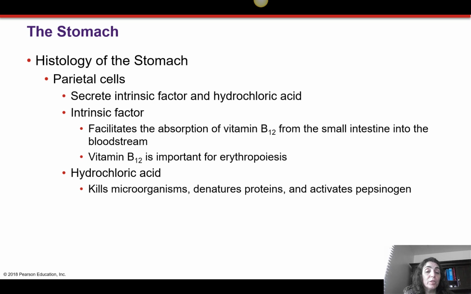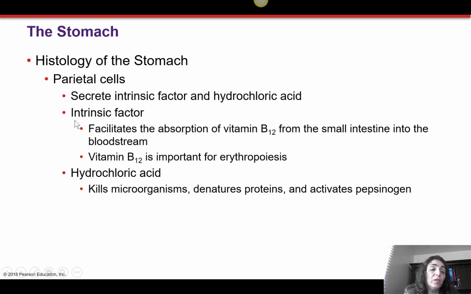Therefore, erythropoiesis, the production of red blood cells, goes down, and we may have one type of anemia that comes from deficiency of vitamin B12. The level of vitamin B12 might be normal inside the digestive system, but it cannot be absorbed just because of lack of the intrinsic factor. So it might be one cause of a low level of vitamin B12 in the blood.